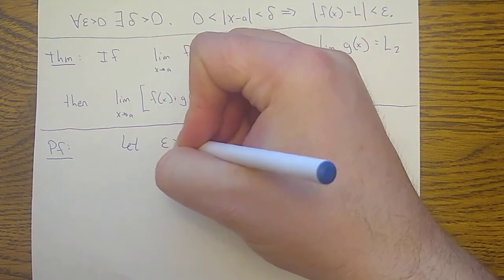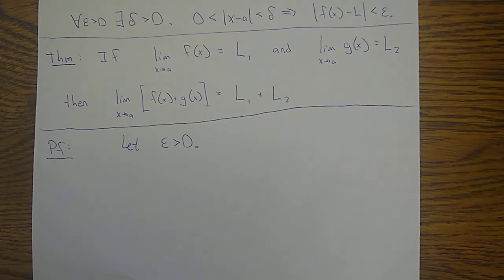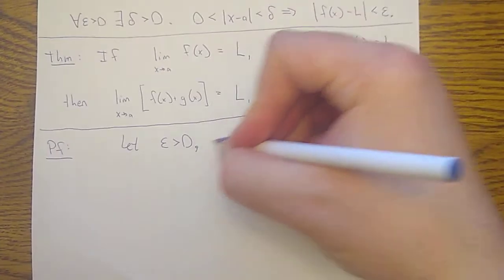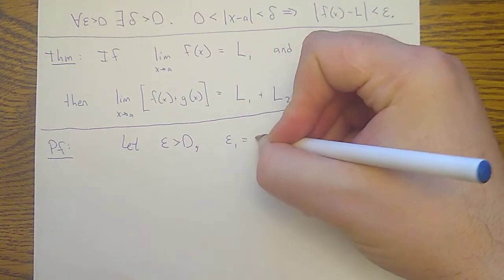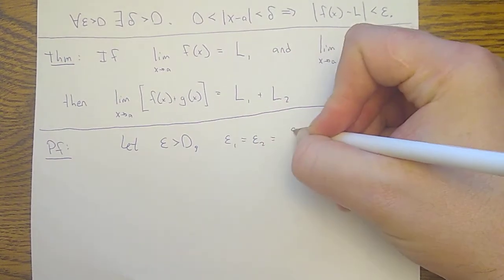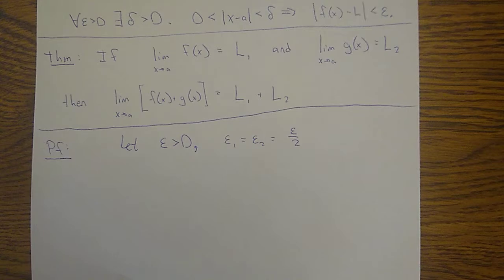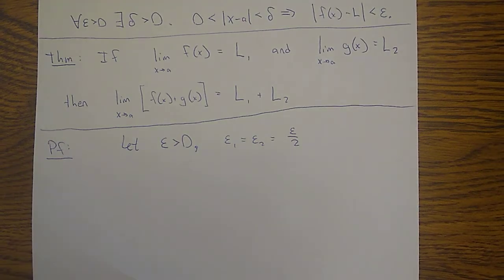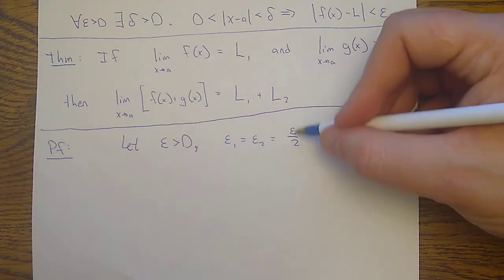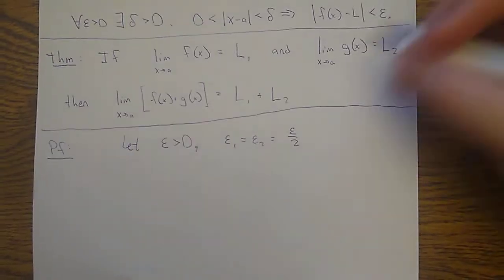Let epsilon be greater than 0. And define my two numbers, epsilon 1 and epsilon 2, to just be half of that.